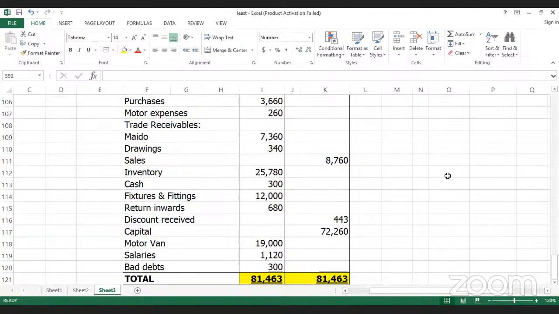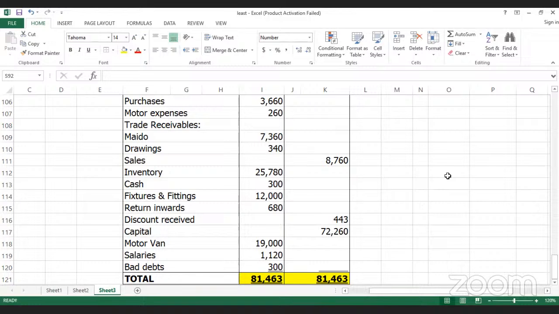So when you omit the transaction, the trial balance will balance, but there is something missing.